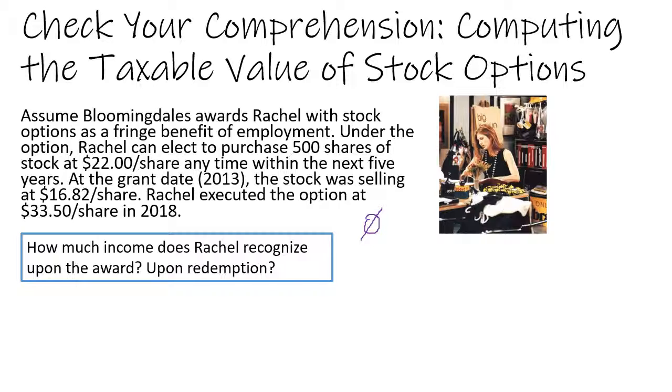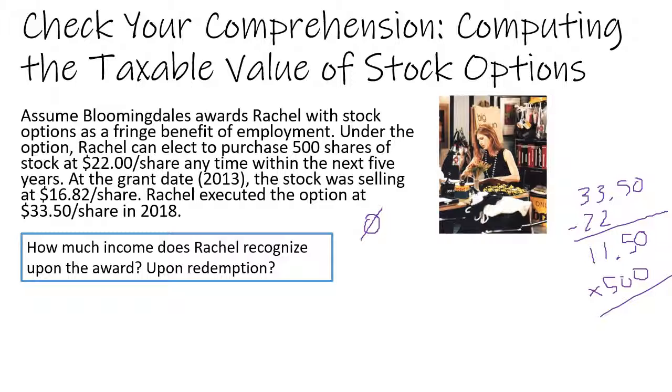But how much income would she report upon redemption of the award? Rachel must report the bargain element, anything above that, as income. So, since the stock is selling for $33.50 per share, and her option is $22 per share, she must recognize $11.50 per share times 500 shares as her income.